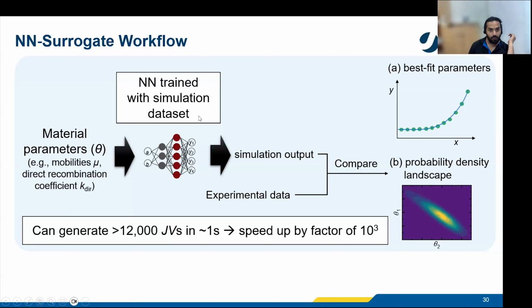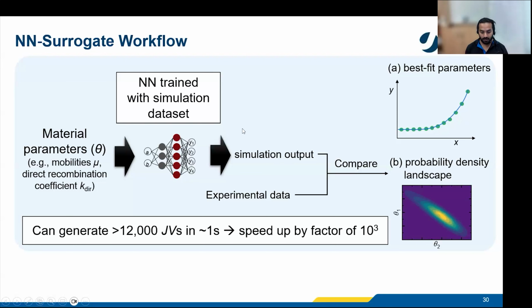So again, here you need to build a neural network that is trained with a lot of simulation data from these numerical solvers like SetFOS and SCAPS. So you train a neural network with plenty of simulations, and then you show some experimental data to this neural network.